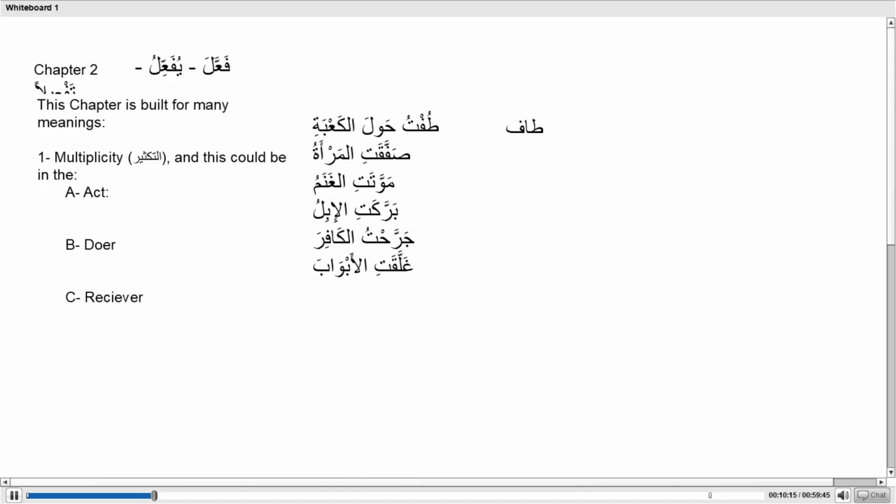So all you need to do is what? Is bring it on the scale of fa'ala. So you say طوف. And when you refer to yourself, you say طوفت. Now the waw comes back here because the waw is doubled. Okay? طوفت.